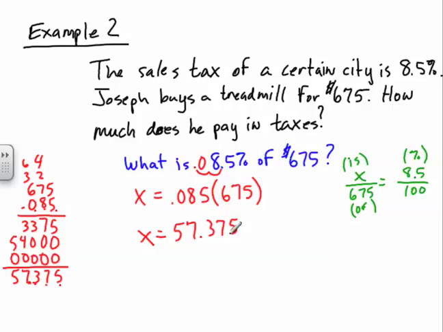But since it's asking for dollars, I need to remember that dollars are always rounded to 2 places for pennies, for cents. So x is equal to $57.38. Since this number is 5 or greater, the number on the other side of the gate goes up by 1. All right? Good job, guys.